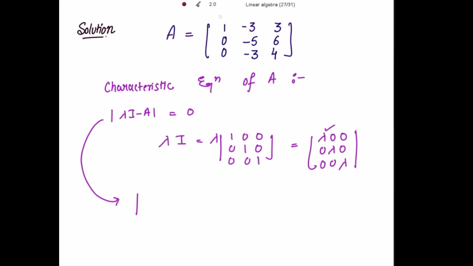So that is lambda minus 1, and then 0 minus minus 3, that is plus 3, and then 0 minus 3, that is minus 3, and then 0, and then lambda minus minus 5, that is lambda plus 5, and then minus 6, likewise it is 0, and then 3, and then lambda minus 4.